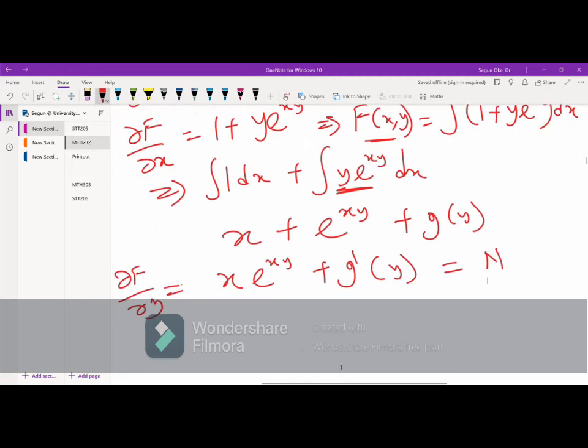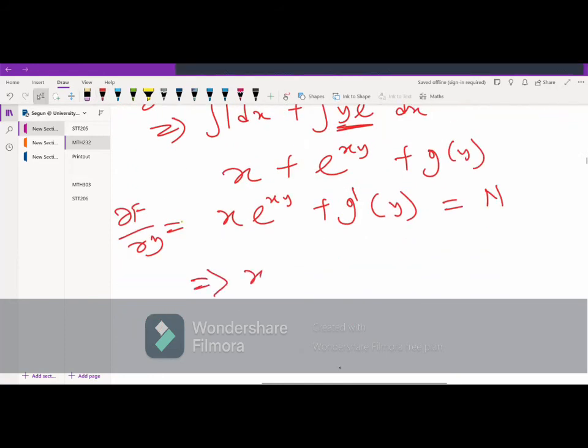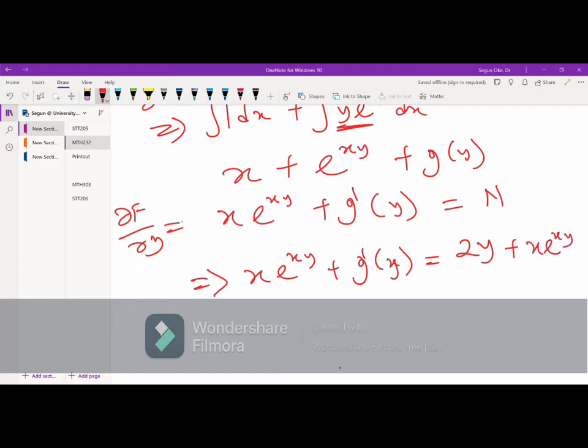Don't forget. So in this case, you have x exponential xy plus g prime of y equals to our n, which is 2y plus x exponential xy. So this goes with this. So you have g prime of y equals to 2y.